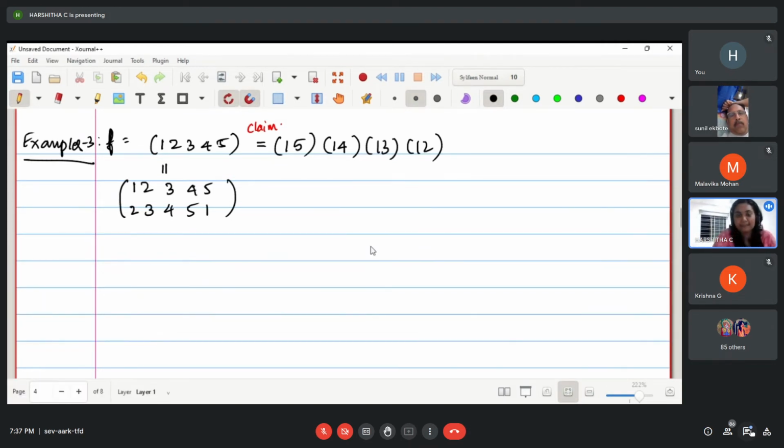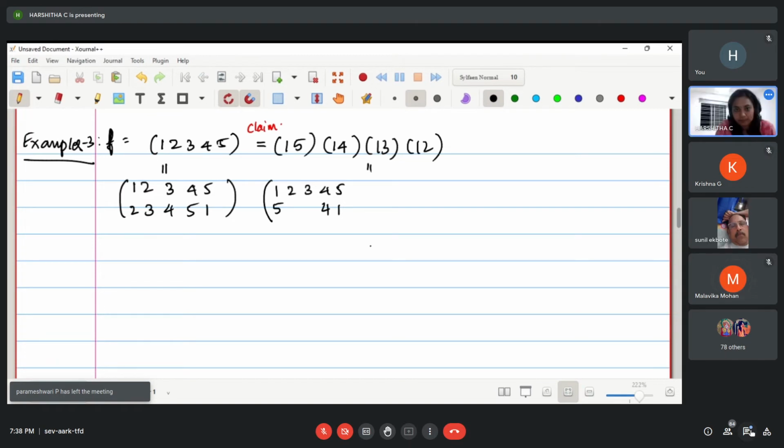So let's see. You look at the left hand side, we have already written it as a permutation. Now the right hand side, what is (1 5)? It is 1, 2, 3, 4, 5 going to 5, 2, 3, 4, 1. Okay, is it clear what I'm trying to do? So the claim is that once you have a cycle, you can write it as a product of transpositions this way. So what did we do?